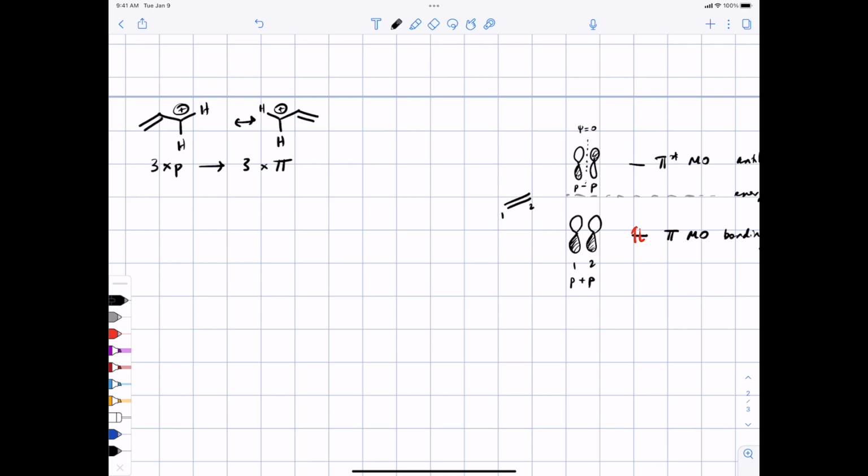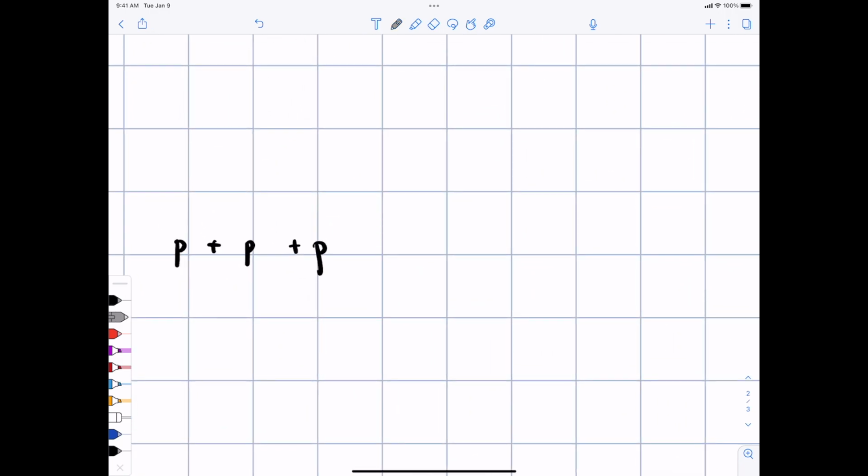One of the lowest energy combinations is the p plus p plus p combination. That is all three of these on adjacent atoms together with the same wave function sign.